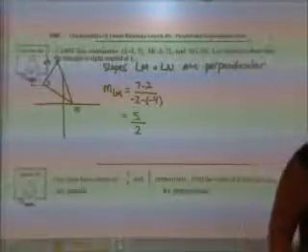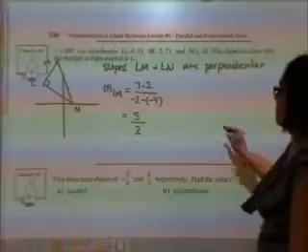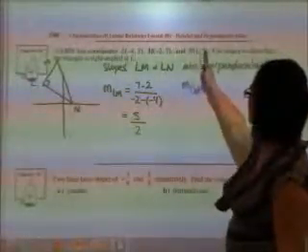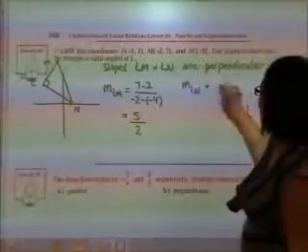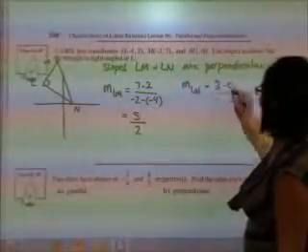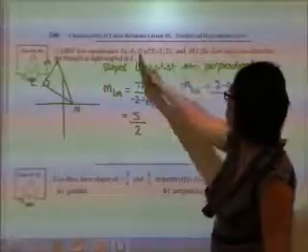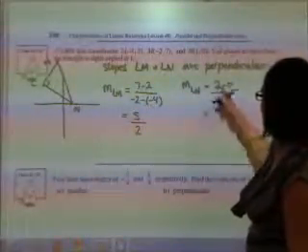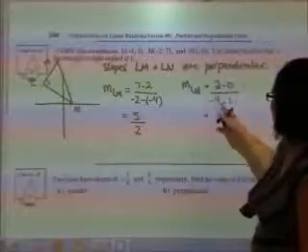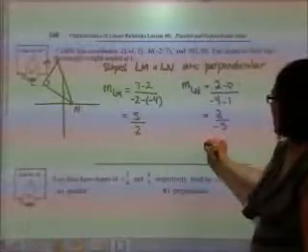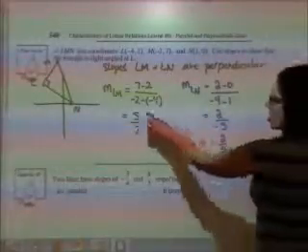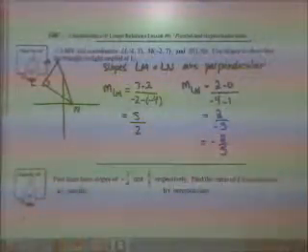So now if I use my points L and N to calculate the slope of that line segment, the difference in the y-coordinates, 2 minus 0, over the difference in the x-coordinates, negative 4 minus 1. So 2 minus 0 is 2, negative 4 minus 1 is negative 5. Bring the negative out to the front. Are these two perpendicular slopes?